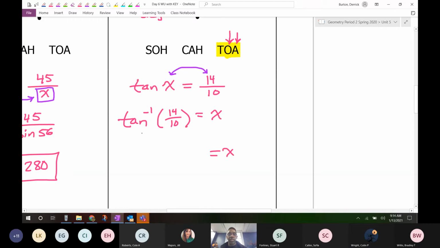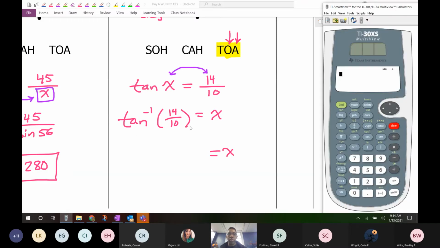But this is something that can be put in your calculator. We're doing the inverse tangent, so you have to hit second tangent, and then you can do 14 over 10. 54.462.